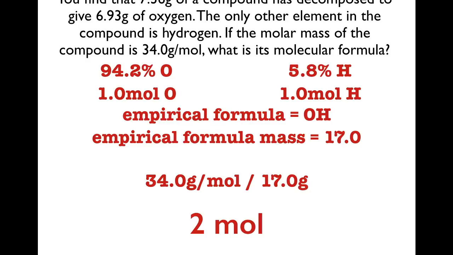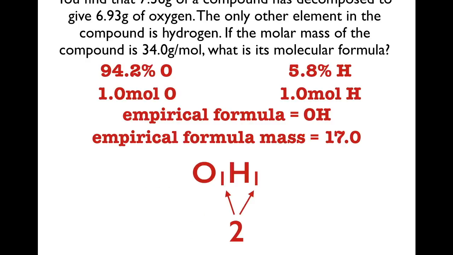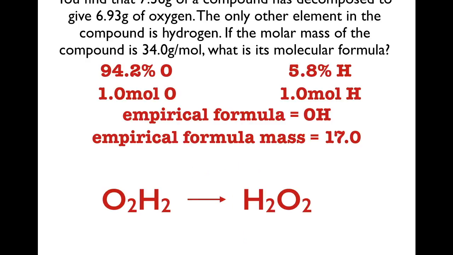So that means that I have to multiply my empirical formula by 2. So instead of O1H1, it would actually be O2H2. But the proper way to write that formula is H2O2, so I'm just going to correct it and put it that way. If you left it at O2H2, then it is okay, because you probably did not know that H2O2 is the proper way to write hydrogen peroxide.